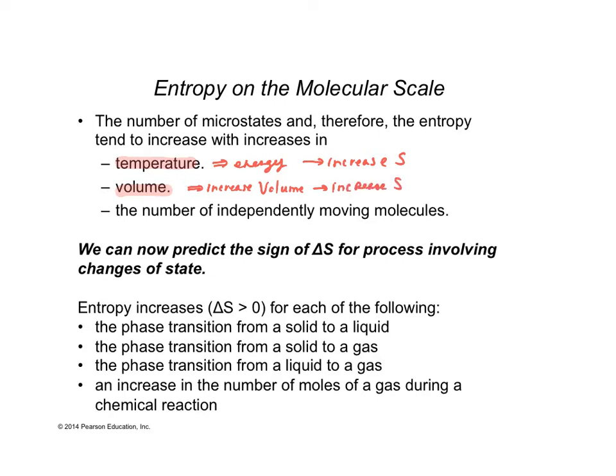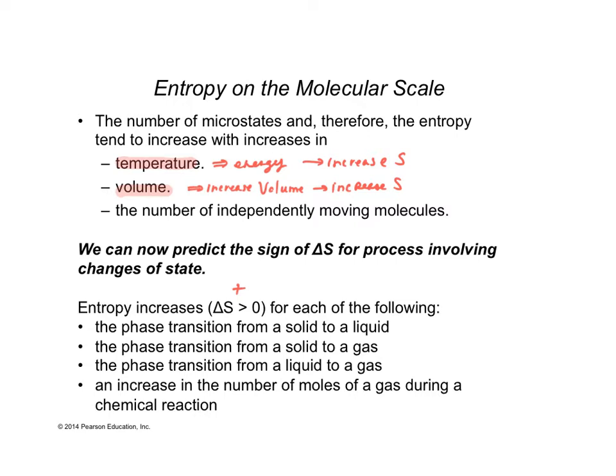And if we increase the number of independently moving molecules, we will also increase the entropy. So overall, this means that we will have a spontaneous process or a positive delta S when we go from a solid to a liquid, a solid to a gas, a liquid to a gas, from fewer gas molecules to more gas molecules, or if we increase the temperature or volume of a container. Lots of different ways that we could see overall delta S being positive.